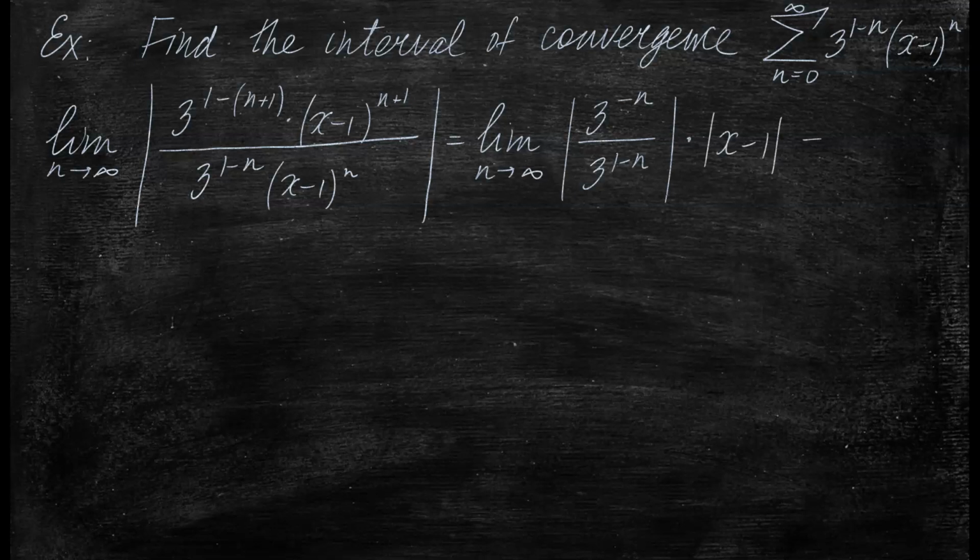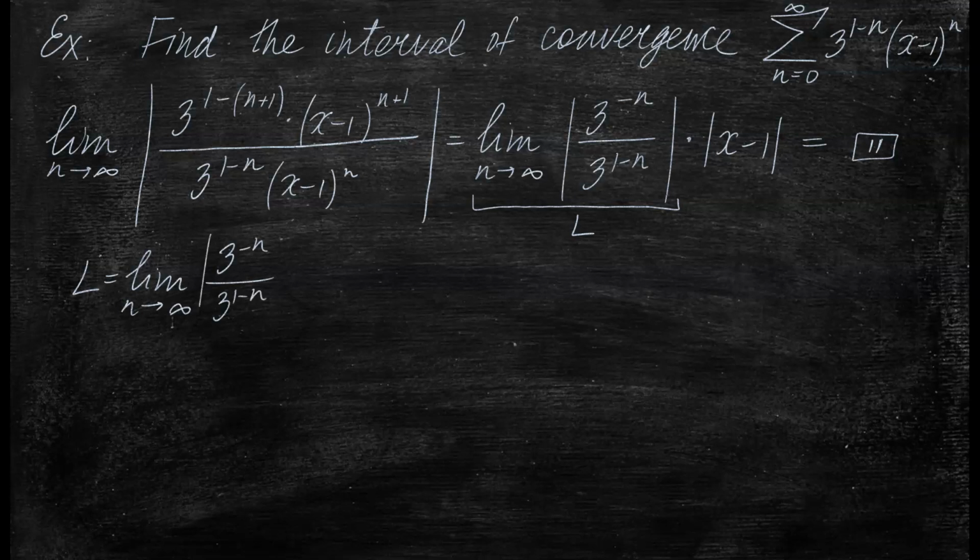And in order for us to continue, we have to figure out this limit. So let's hit the pause button here. And let's find L. So L is the limit as n goes to infinity of 3 to the negative n over 3 to the power of 1 minus n.